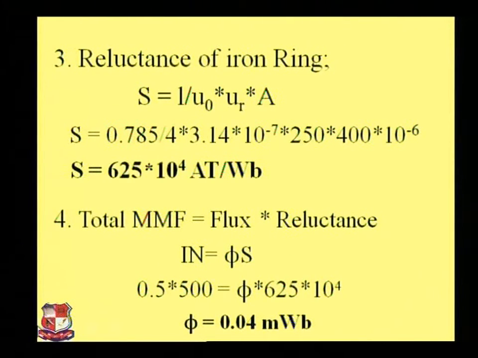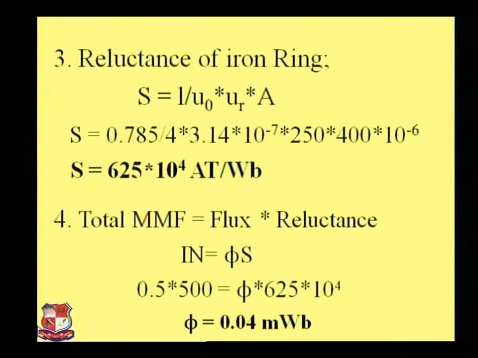The next one, reluctance of the iron ring, that is S. The equation for the reluctance of the iron ring is S equals 1 by mu 0 mu R into A times L, that is S equals L by mu 0 mu R A. Mu 0 is the free space permeability, mu R is the relative permeability, and A is the area. So ultimately our S is L, the L is 0.785, by mu 0.